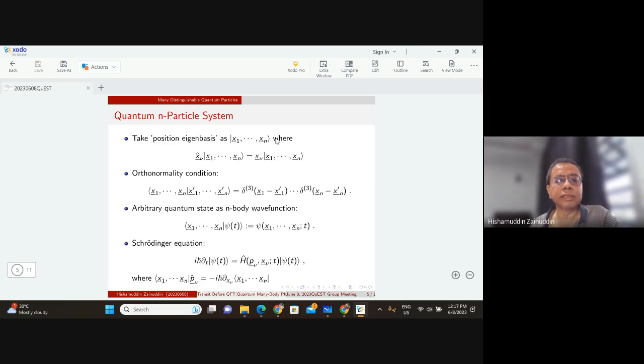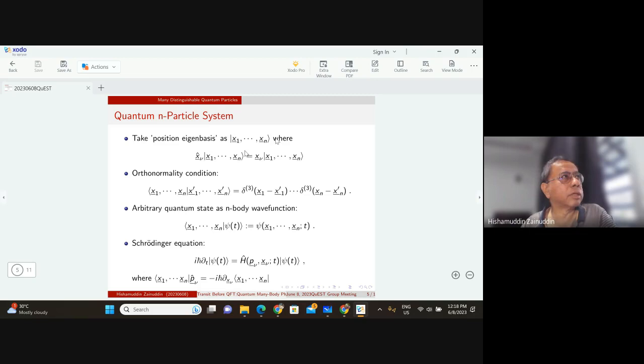And then what is this? Here I said take the position eigenbasis. Again, it's a sort of misleading idea. What you have is just the states of your configurations of the n-particle system, and the labels here might correspond to the spatial positions, of course, but then these are considered as degrees of freedom.